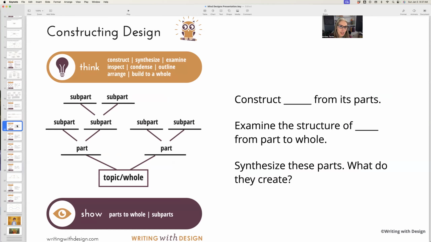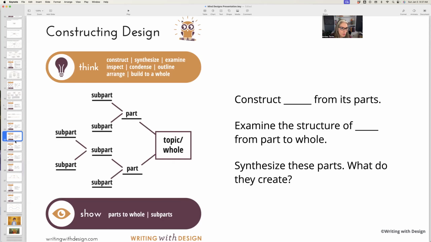So constructing design, this is putting something together, to construct, to build to a whole. We want to go parts to whole on this. So notice we've got all the subparts coming and then into parts and parts coming into the topic. So this is one way, especially if we're taking all the parts to explain and then showing what it builds.